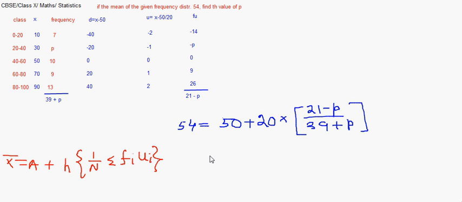Okay, I can get this 50 to the other side. That makes this as 4, 20 into, this will remain for the time being as it is.